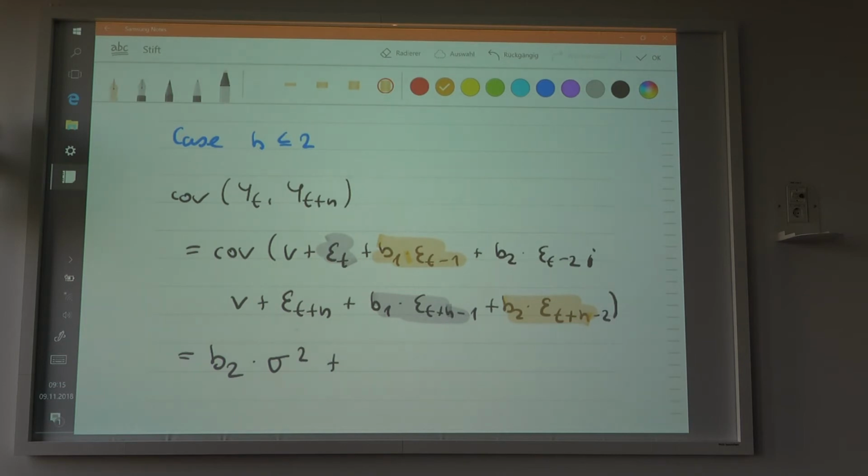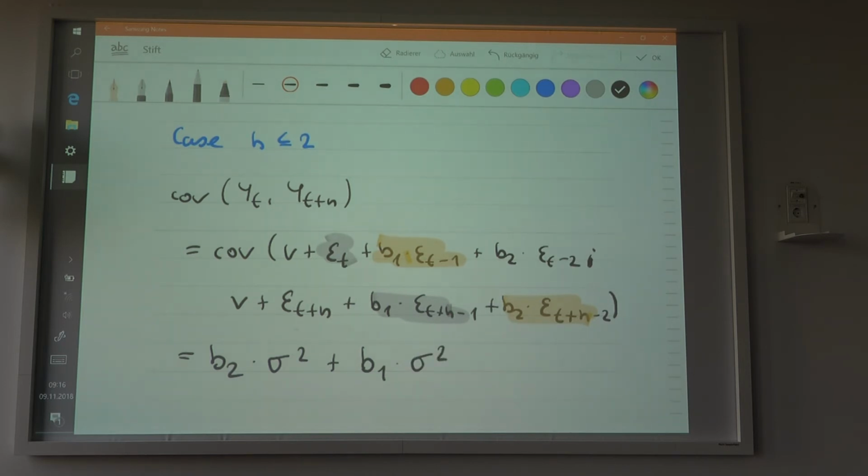You understand this? Now, of course, the covariance is going to be equal to B1 times the variance of the white noise at point t, so this is going to be B1 times sigma squared.